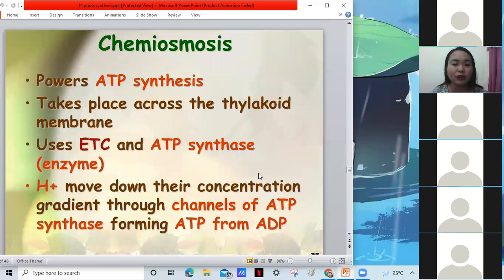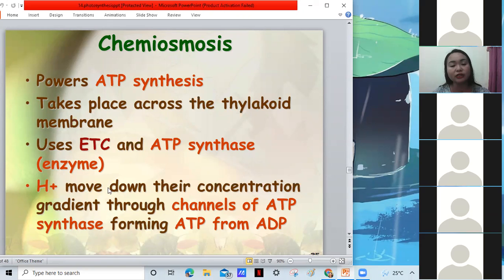And we have the so-called chemiosmosis. So we have one minute left, but we will just discuss maybe the last slide. Chemiosmosis is the one which powers ATP synthesis, and this again takes place in the thylakoid membrane. You saw earlier what the picture of our thylakoid looks like, and this uses the electron transport chain again and the ATP synthase enzyme.